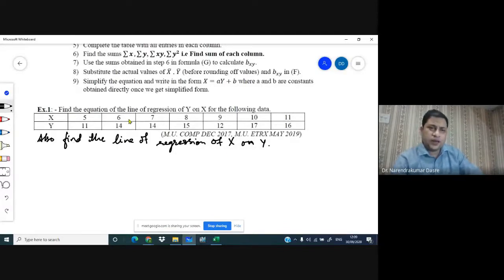It was only to find the line of regression of y on x, and now I want to find the line of regression x on y also. So both the lines we have to find in this example.